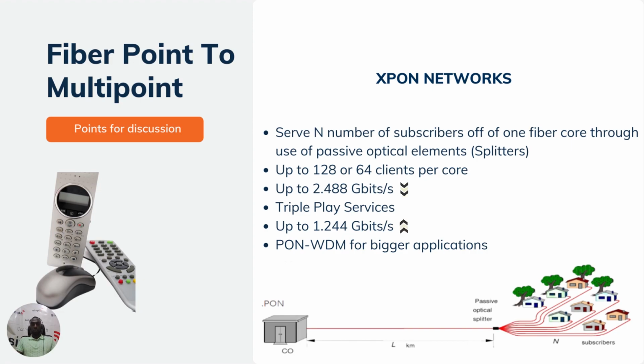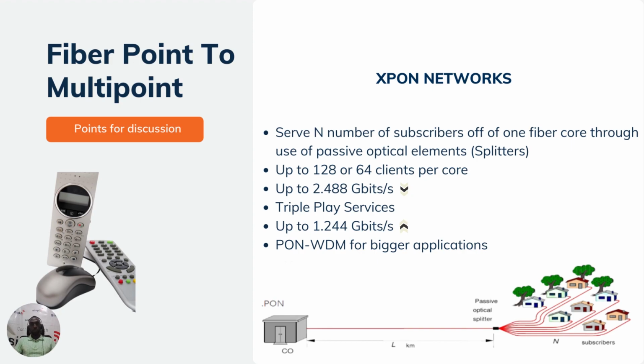We will be looking at what we call X-PON networks, where instead of having just a fiber network from one point to the other, you have a single point of origin with multiple fibers fanning out and serving hundreds, if not thousands of clients, from a single origin, from a single core. That is what we would term fiber point to multipoint.